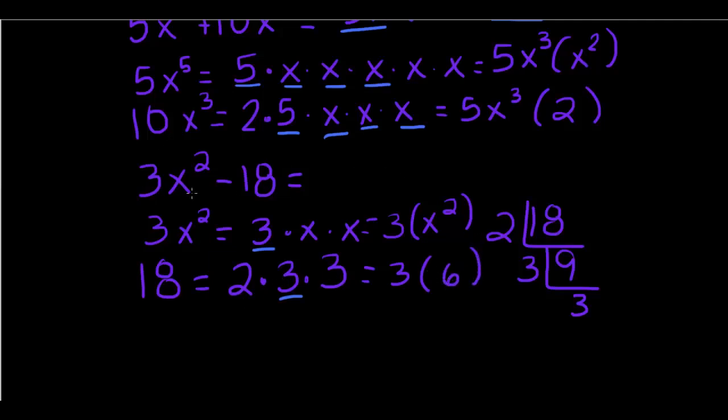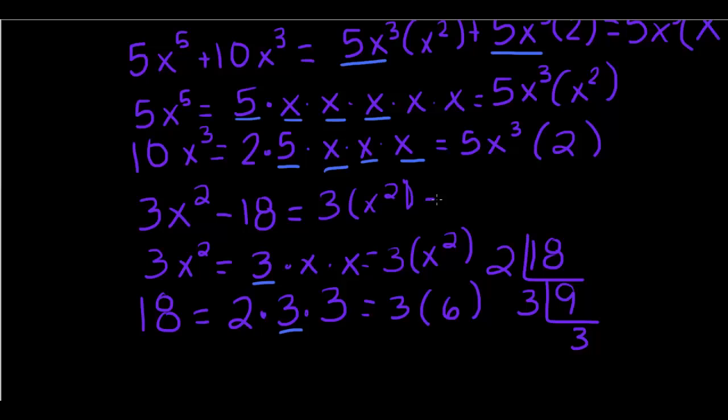So I'll rewrite the original algebraic expression as 3 times x squared minus 3 times 6. Now again, both of them have a 3, so that's what I'm going to factor out. So it's going to be 3 times x squared minus 6, and that's the answer.